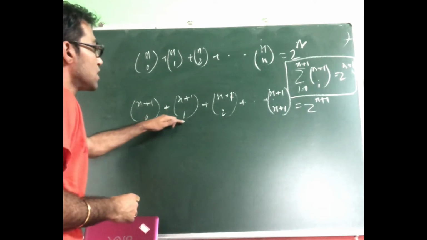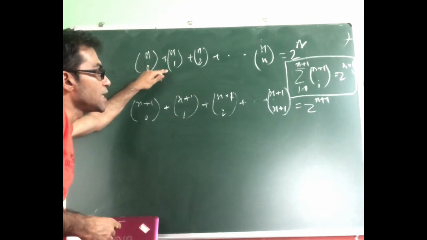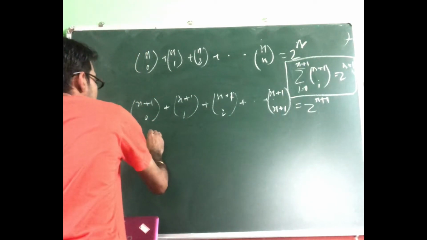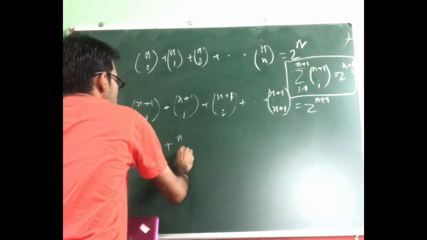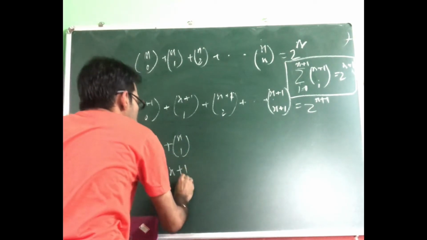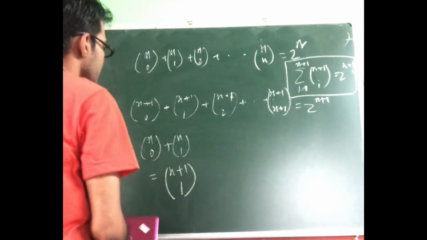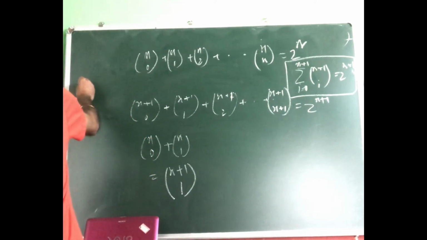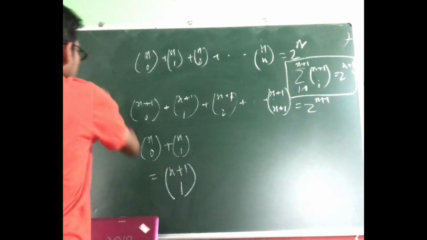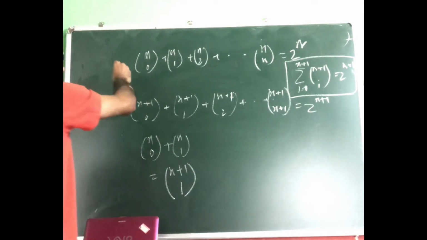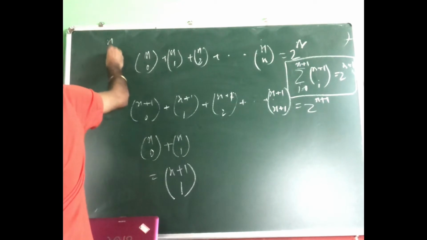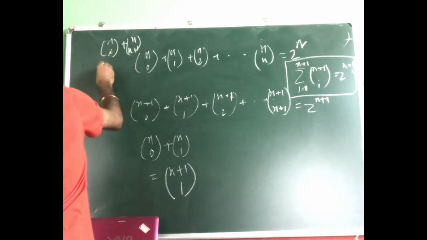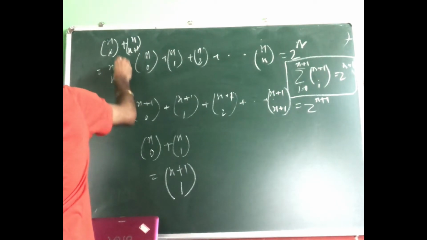So in order to prove this from this, what exactly do I need to do? I need to use the famous binomial identity that C(n,0) plus C(n,1) is equal to C(n+1,1). So using this identity, I'm writing the identity here. What identity I'm going to use, probably you can see it from here. I'm using that C(n,k) plus C(n,k+1) is equal to C(n+1,k+1).